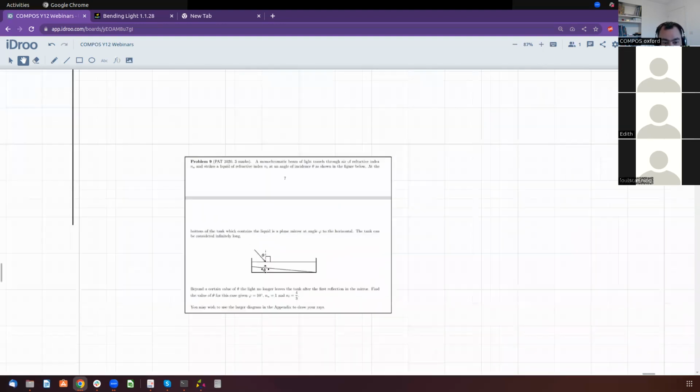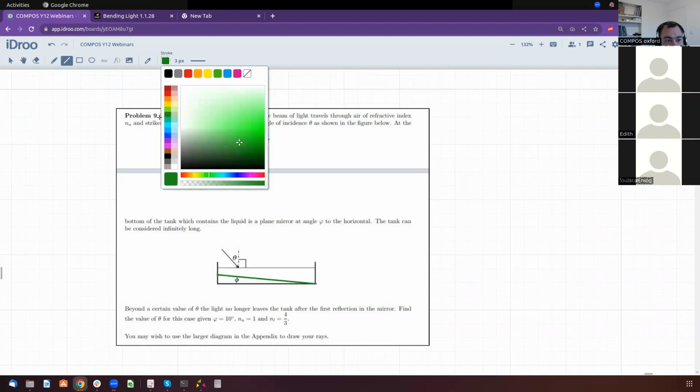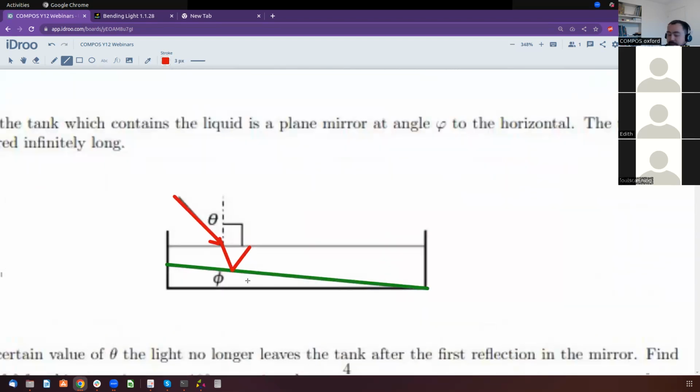There's a mirror at the bottom of the tank, and light strikes it and refracts into the glass, and then reflects at some angle, and it turns out that this angle is critical.